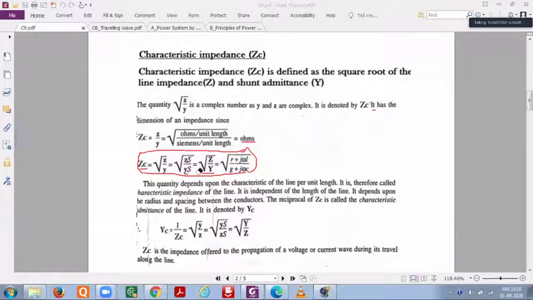For any system, three-phase or single-phase, they use standard conductors with standard radius and spacing between them. By doing so, they have determined some values. We call those typical values of characteristic impedance.